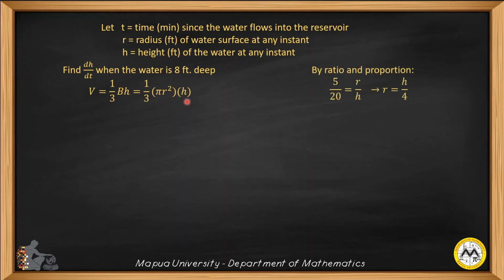Now please take note that earlier, using the flattened view of the figure, we worked out this relationship using a ratio of corresponding sides of similar triangles. So we will have 5/20 equal to r over h, or r equals h over 4. Using this in place here, we can express V as a function of h only.